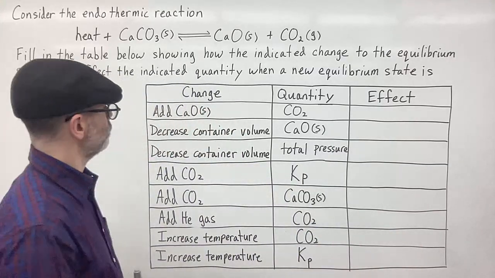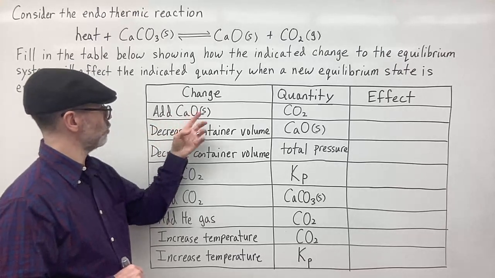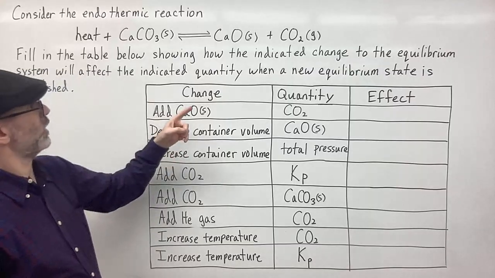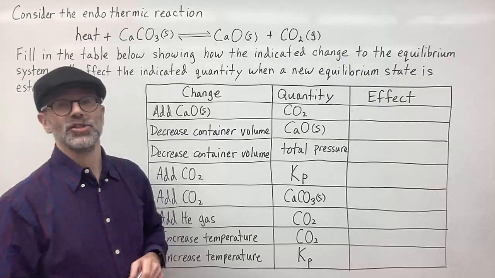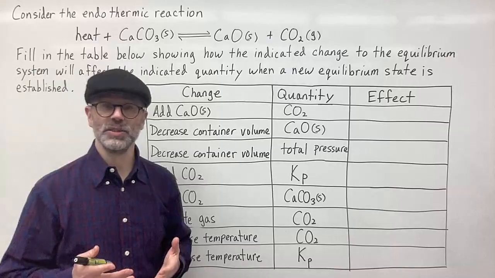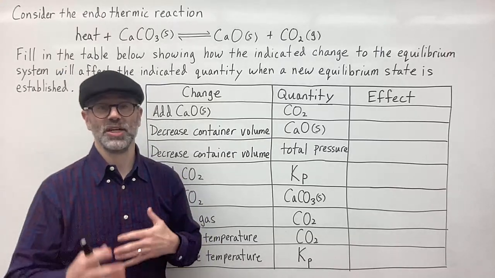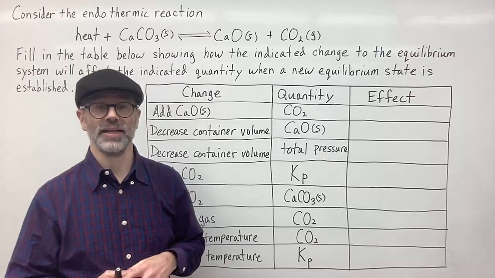Okay, so let's start with add CaO(s), so solid calcium oxide. You'll notice that calcium oxide is a product. So you might think, oh, look, according to Le Chatelier's principle, whatever you do to the system is going to undo it or try to relieve that stress that you added, right?